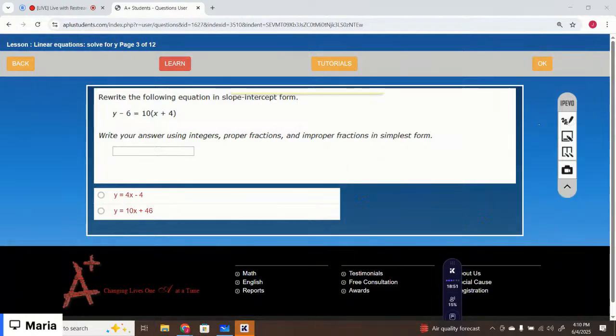That is y equals 10x plus 46. Option number 2 is the correct option.